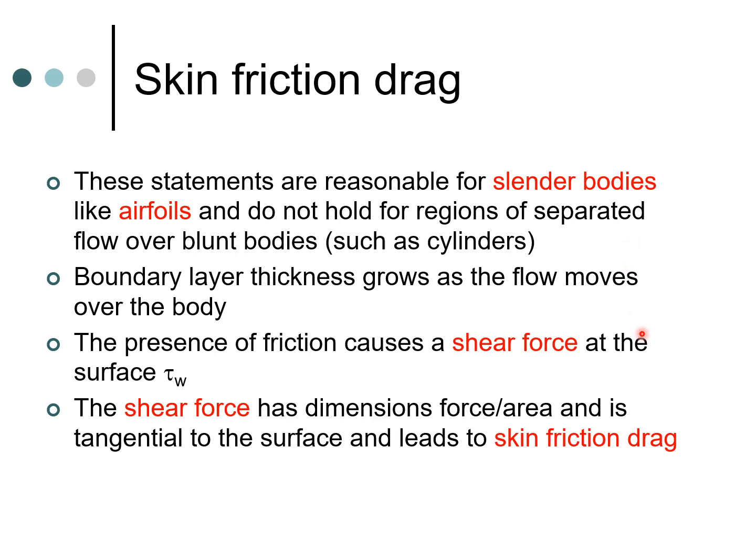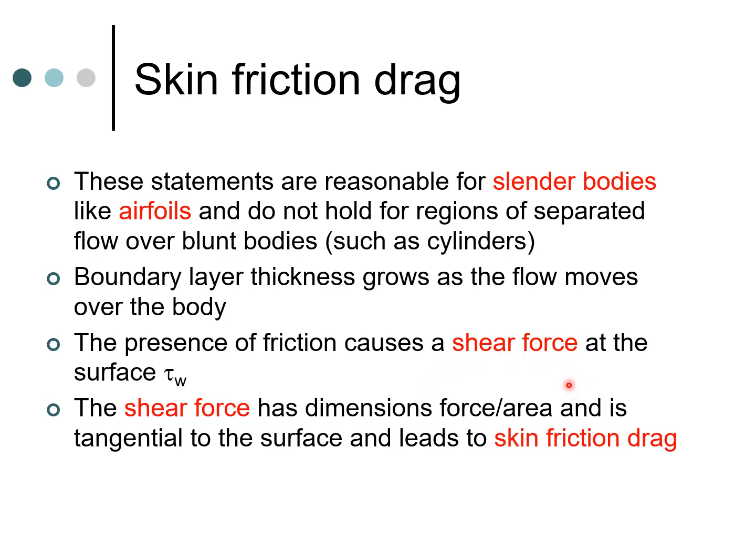Now boundary layer thickness in general will grow as the flow moves on top of the body, and because of the presence of this friction we have something known as a shear force. So we use the symbol tau to represent the shear force, and at the surface we put tau subscript w, which is the shear force at the wall. So shear force has the dimensions force divided by area.